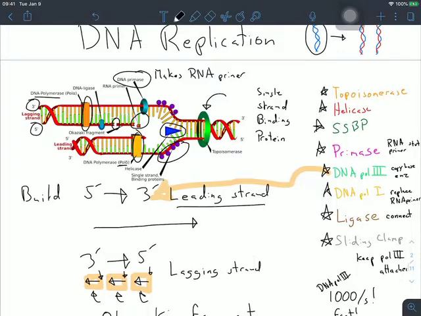DNA polymerase 3 builds in a direction of 5' to 3'. Once DNA polymerase has added all of the nucleotides, we then have DNA polymerase 1 come through and replace the RNA primers. They're not stable, after all. They're RNA in a DNA molecule. Once the RNA is replaced, ligase will come in to connect all of our fragments.